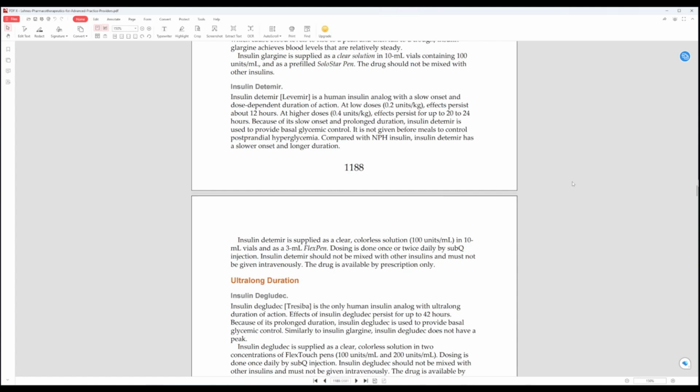At higher dosages, such as 0.4 units per kilogram, effects persist for up to 20 to 24 hours. Because of its slow onset and prolonged duration, insulin Detemir is used to provide basal glycemic control. It is not given before meals to control postprandial hyperglycemia. Compared with NPH insulin, insulin Detemir has a slower onset and a longer duration.